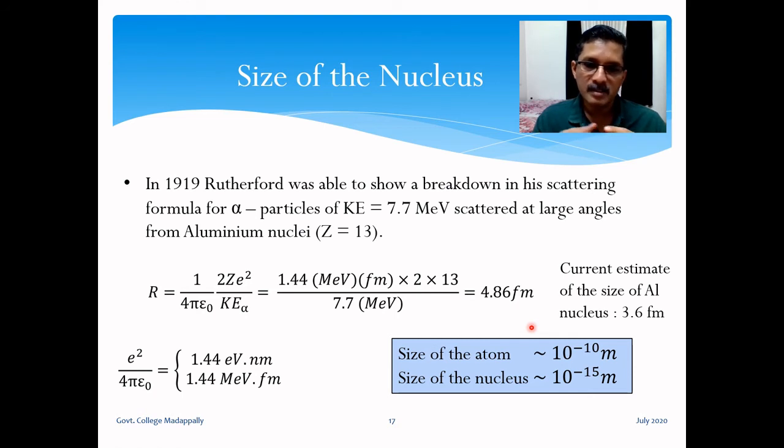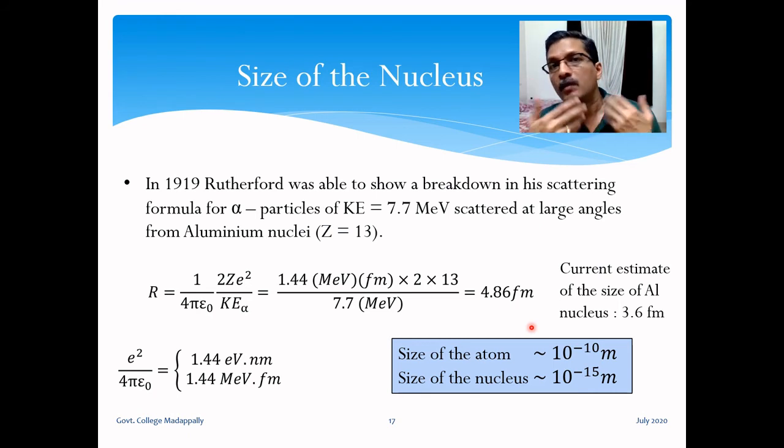Let us say we want a comparison between 10 raised to minus 15 meter and 10 raised to minus 10 meter. Let us assume that this 10 raised to minus 15 meter is equal to 1 centimeter, or 10 raised to minus 15 meter we blow up into 1 centimeter. So suppose size of the nucleus is 1 centimeter. Then what will be the size of the atom? It should be 10 raised to 5 times greater, right?